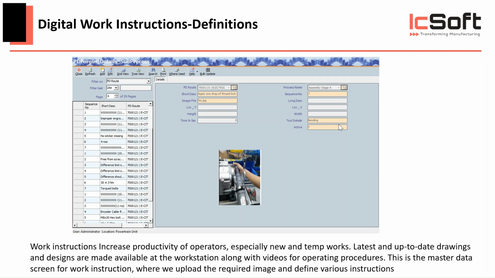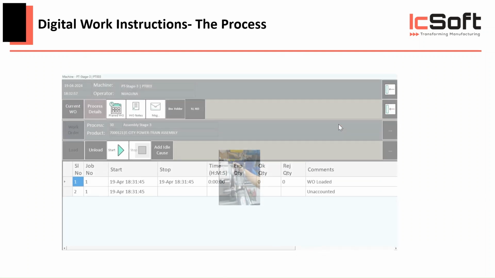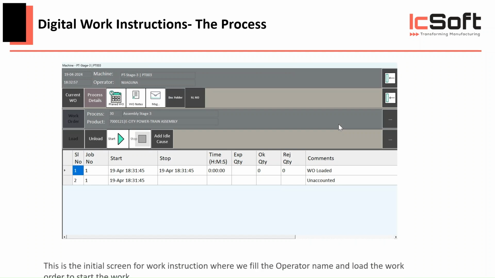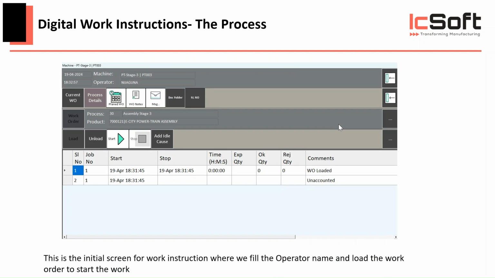So all these things can be defined for digital work instructions. And having defined that, when it comes to carrying out a particular operation, the operator name is filled and we load the work order to start the work.